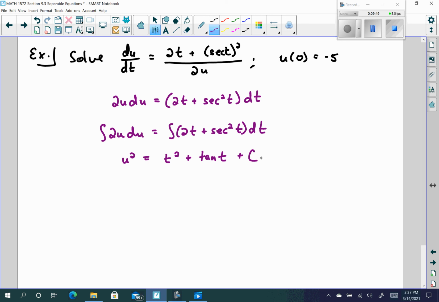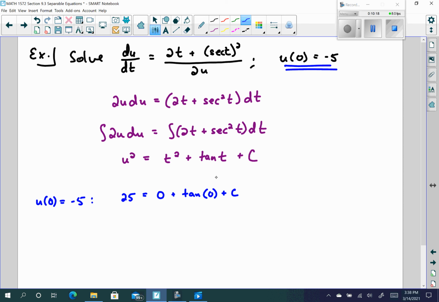So at this point now, let's go ahead and figure out what c is. So if u of 0 is equal to -5, that means the u is where we substitute in the -5, and the t is where we substitute in the 0. So we're going to get (-5) squared becomes 25, and we'll just get 0 squared plus tangent of 0 plus c.